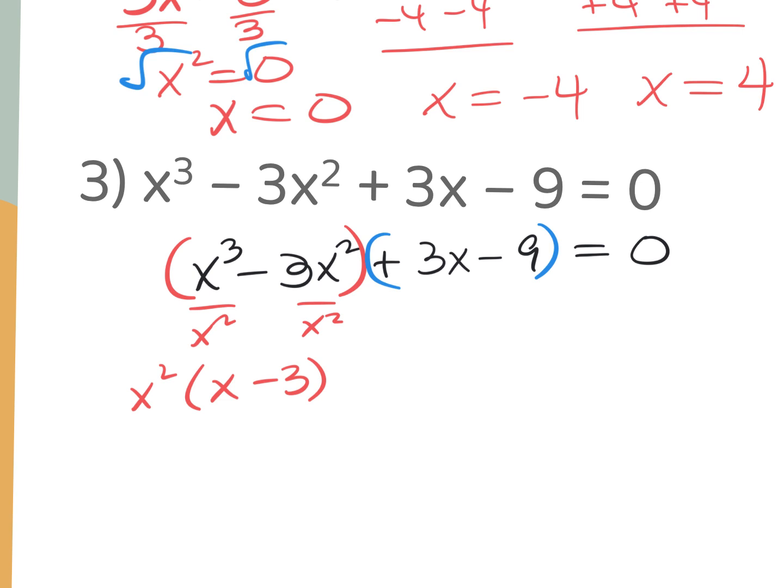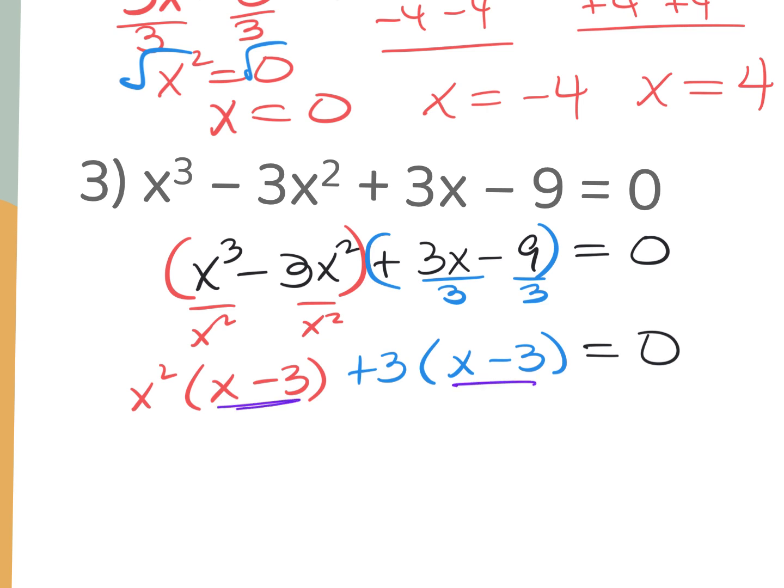I'm now going to look for my greatest common factor of the blue group. It will be 3. Divide. And again, remember, when you factor by grouping, what remains after you divide must match. And it did. So go ahead and you can take your 2 GCFs.